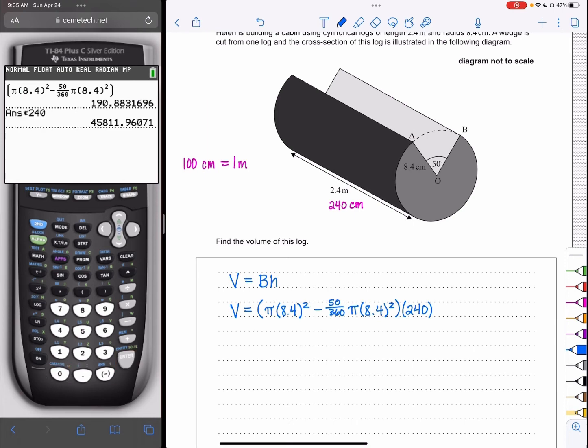And we end up getting that the volume of our log is approximately 45,800 in 3 sig fig. Remember, I'm putting my answer in 3 sig fig. You can either do 3 sig fig or you can write the entire answer all out. Okay, so that is going to be our volume, and we already know that this is going to be in centimeters cubed here.